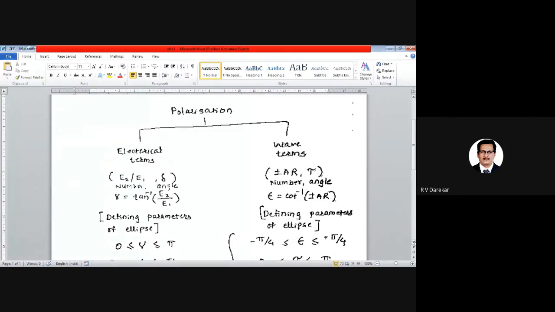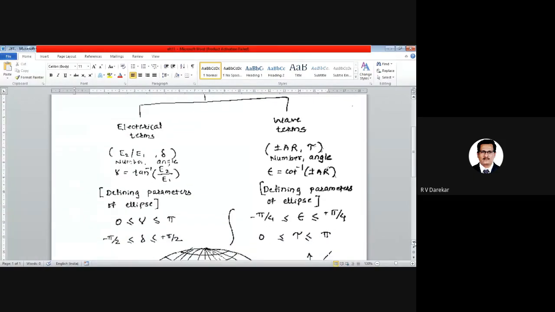The most important point that we have to note here is that the range of gamma can be considered to be 0 to pi. Gamma will not increase to a value greater than pi or less than 0.